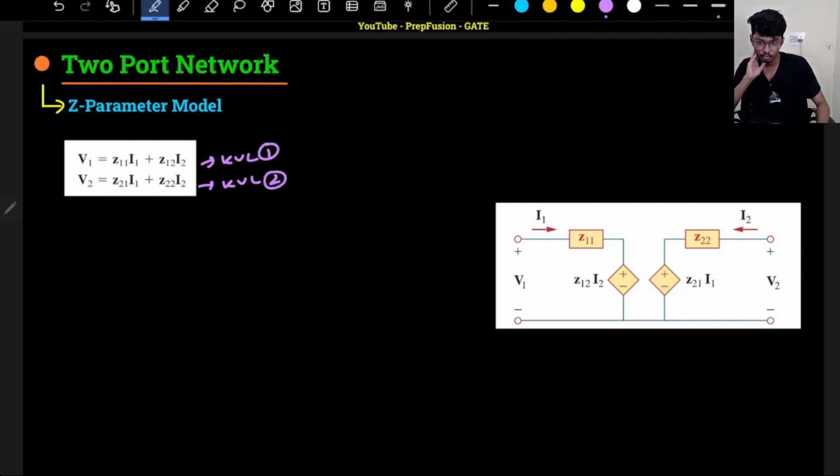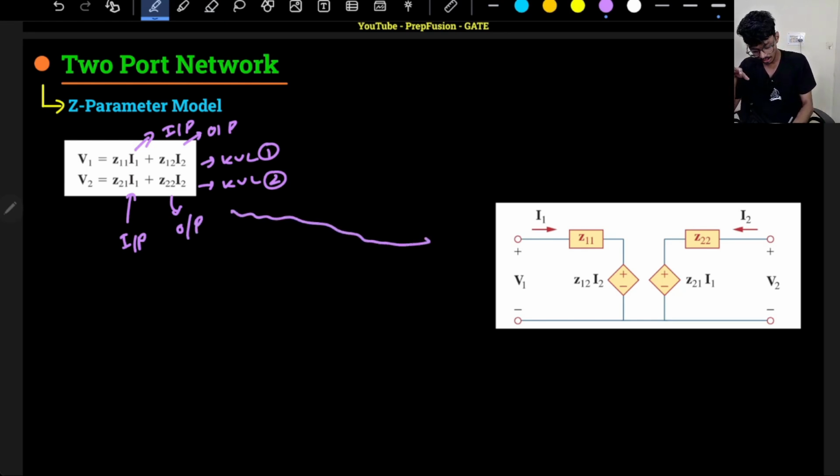So both are KVLs. In both the KVLs I have the input and the output currents. So simply, we can model our Z parameters like this.